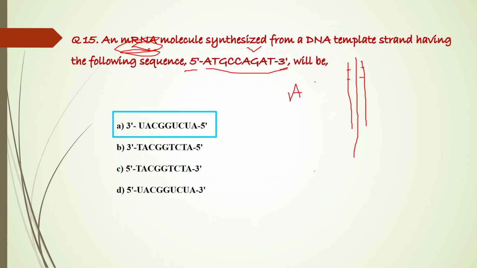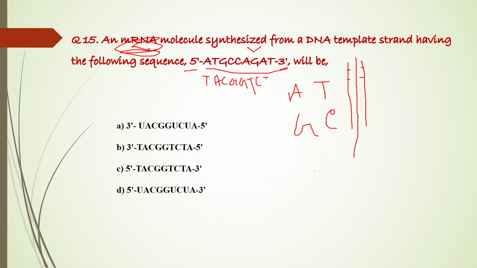For A, the complementary base for DNA will be T, and for G, it will be C. So what should be the complementary bases? That should be T, that should be A. This particular G complementary should be C, this one should be G. For C again will be G, for A this should be T, for G it will be C, for A it will be T, and for T it will be A.